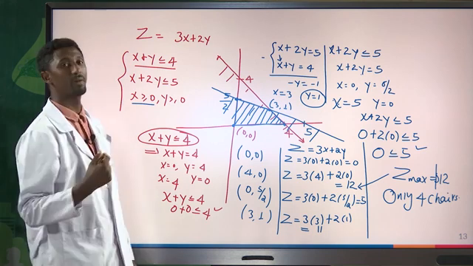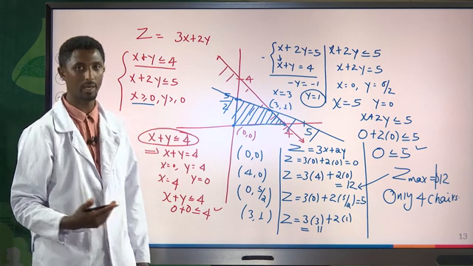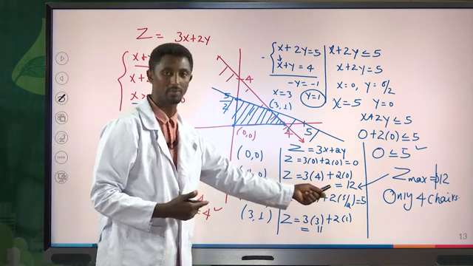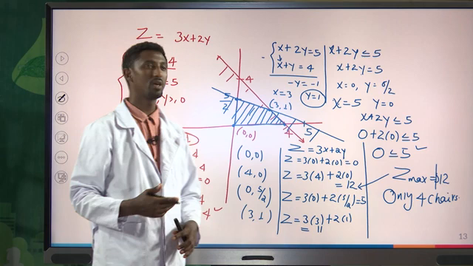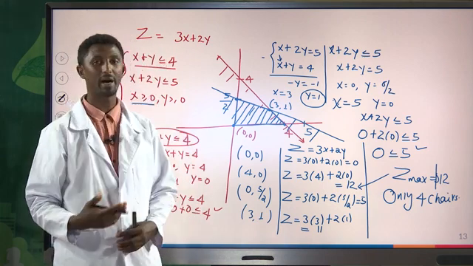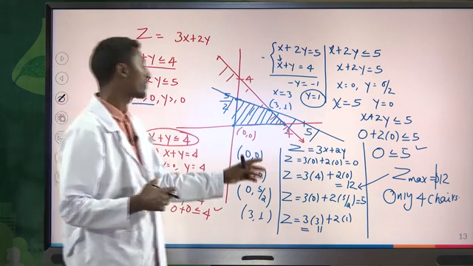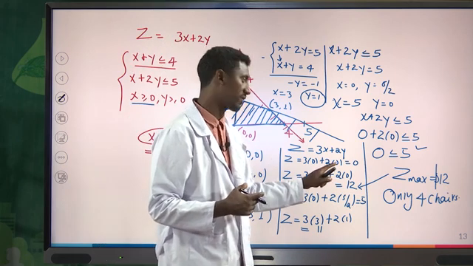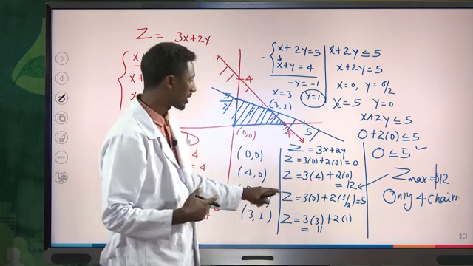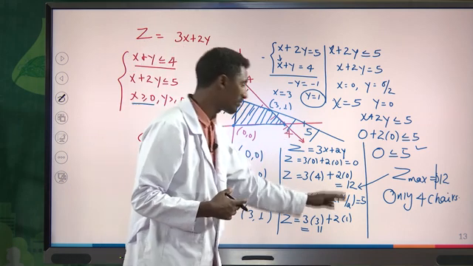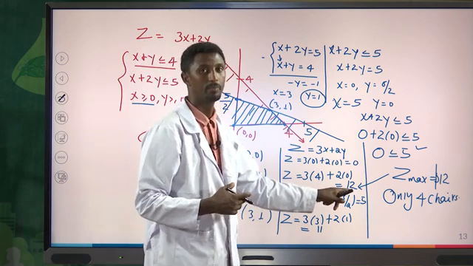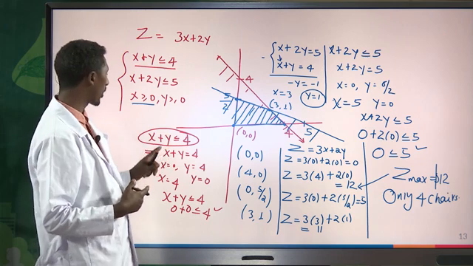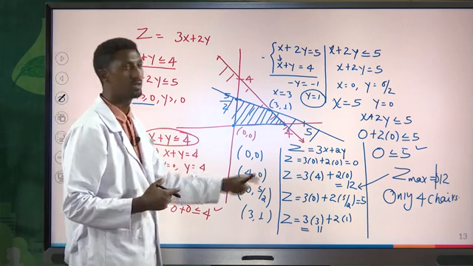Then, if the problem is a maximizing problem, identify which one is the maximum. If the problem is a minimizing problem, identify which one is the minimum value of the given objective function. So here, for this problem, the maximum value is 12, and the optimal point is (4, 0).